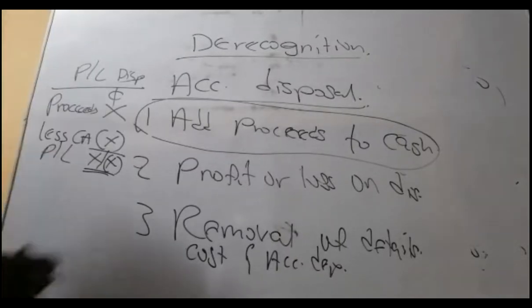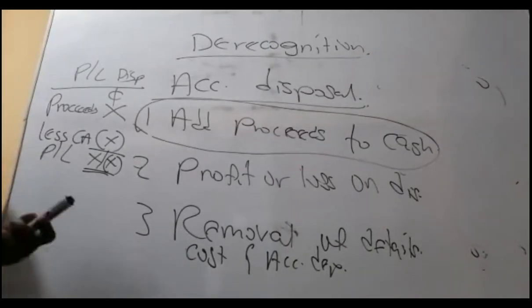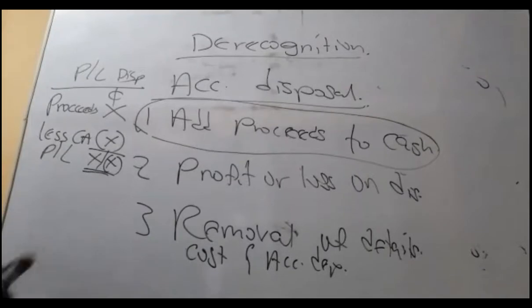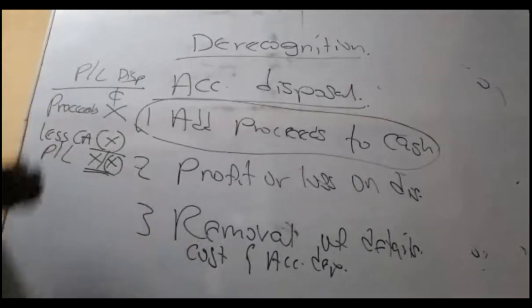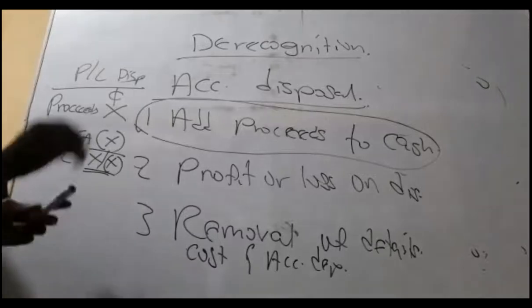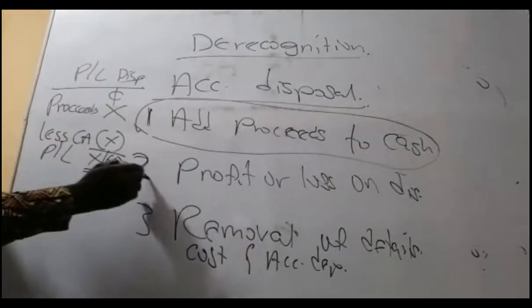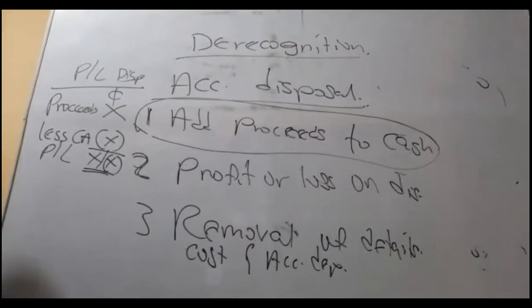So when you sell plant, you don't add it to the sales revenue, because it's not a sale. It must be accounted for on its own. So that means you have to go to the sales revenue and take it off. Good. That's the first stage. Then second, we calculate the profit and loss. Third, do the removal. So let's see how best we can solve this.